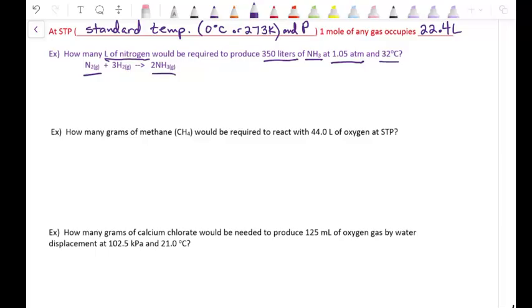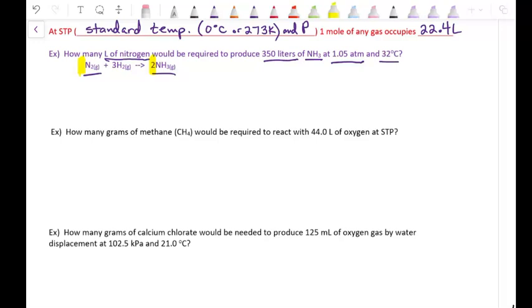Since a mole of any gas occupies the same amount of space at any temperature or pressure, one very important thing we can take from that is we can look at our coefficients, which for nitrogen would be 1, and for NH3 would be 2. If those are both gases, that is not only a 1-to-2 mole ratio, but also a 1-to-2 liter ratio.